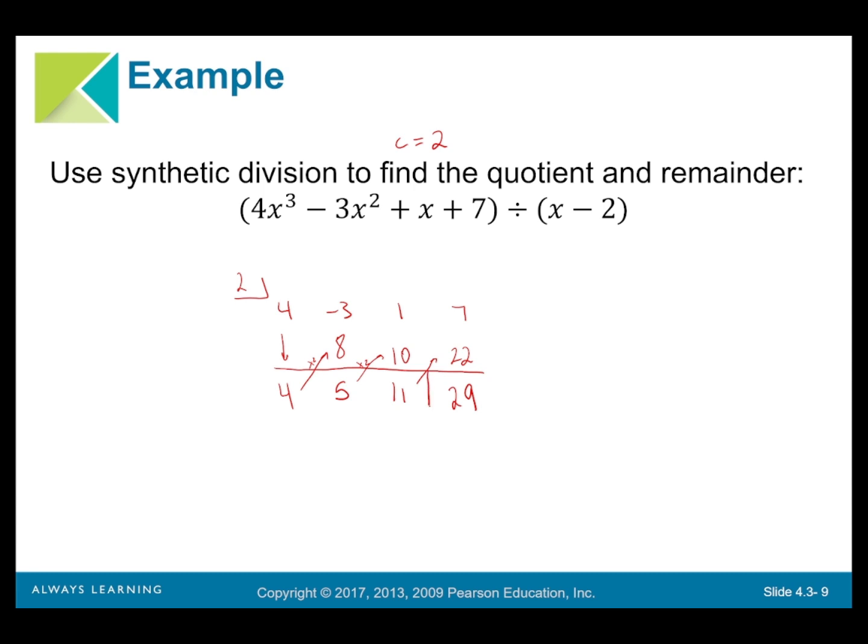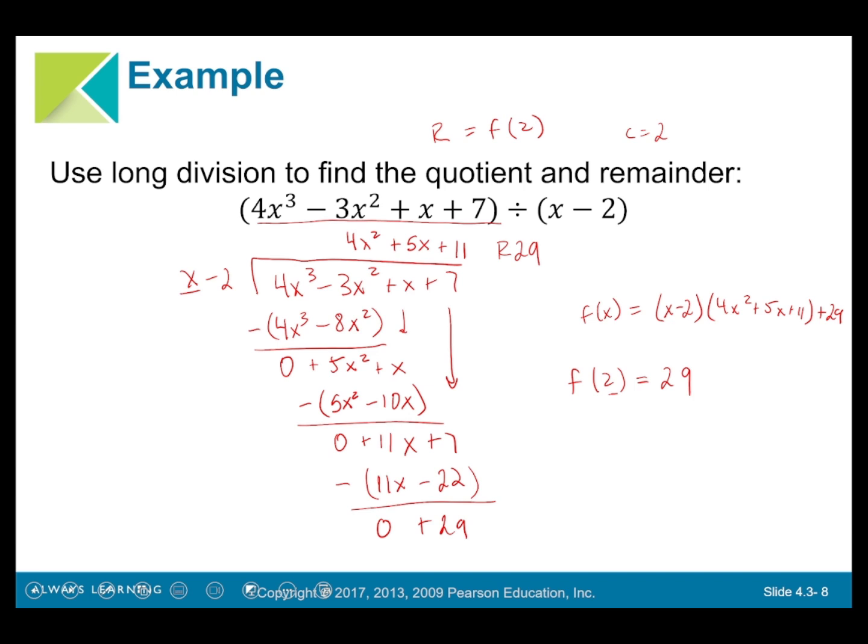Now I'm going to draw a small bar right here, because 29 is what we get for our remainder in that last position. And so counting down from there, if I know it's remainder 29, then I know my polynomial went 11 plus 5x plus 4x squared, which is in fact what we got in the previous slide up here on top of the house.